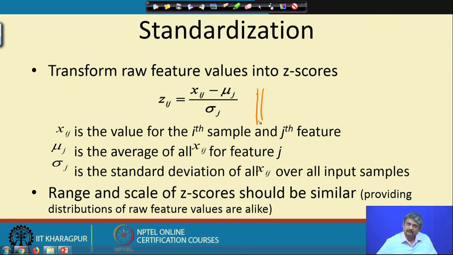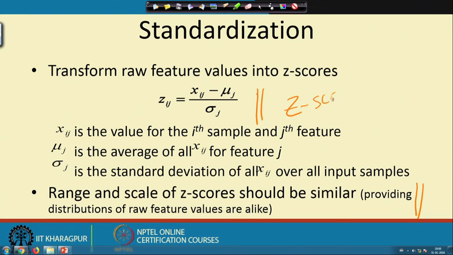So, it becomes between 0 to 1, or rather minus 1 to 1. Z score is the normalized attribute value.